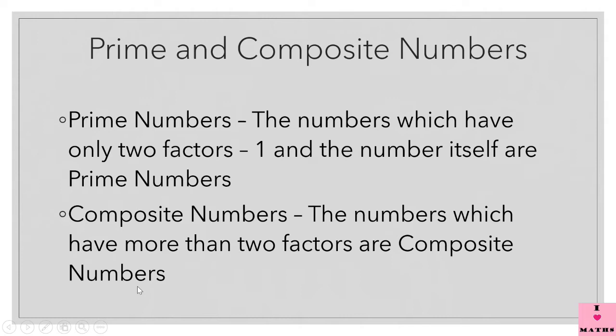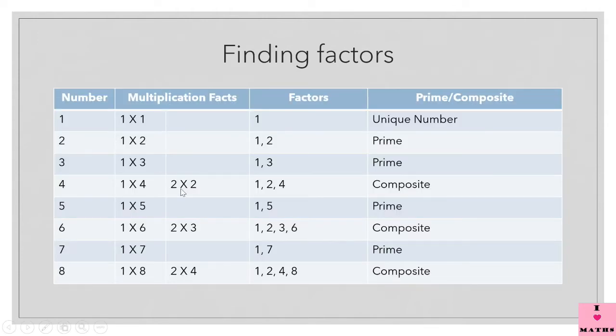These are the definitions of prime numbers and composite numbers. But you can understand these definitions better if I show you the examples. Children, this slide I have already shown to you in one of my videos.